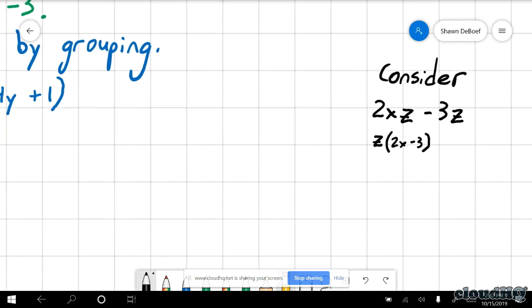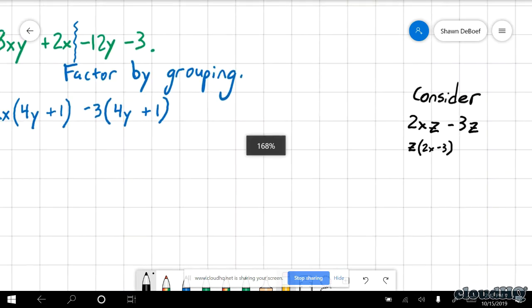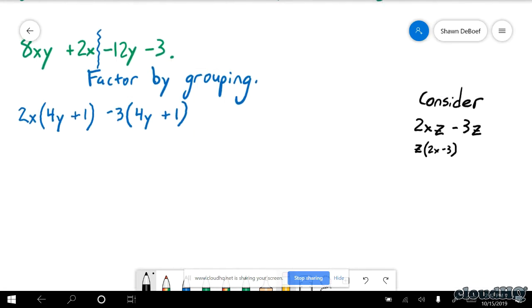And so I want to tie what we're doing over here in blue into what we just did there. Here's what was different about this one. I gave you a z in both of those cases instead of 4y plus 1.